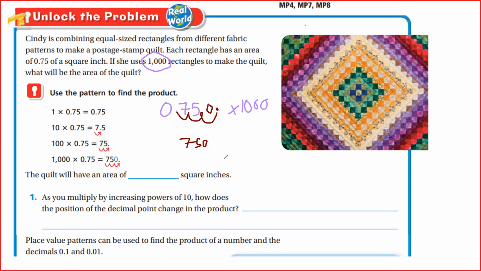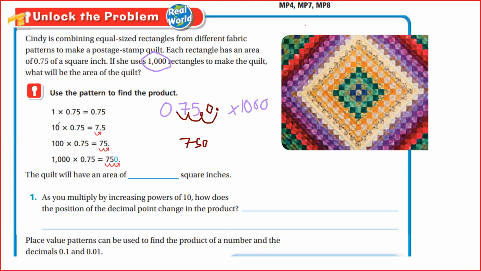Now, in your book here, they will teach you to find the product using a pattern. Like they said, from 1 to 1,000, it means first I will start with 1, then with 10, then with 100, up to 1,000. Let's see now, if I multiply the number 0.75 by 1, the number will stay the same.